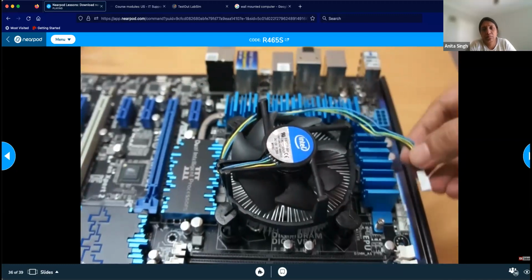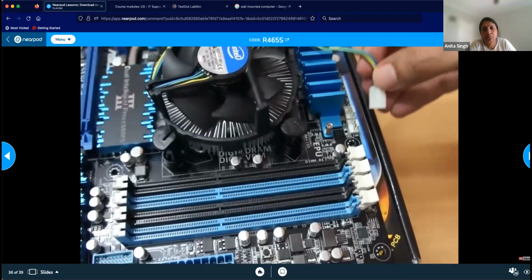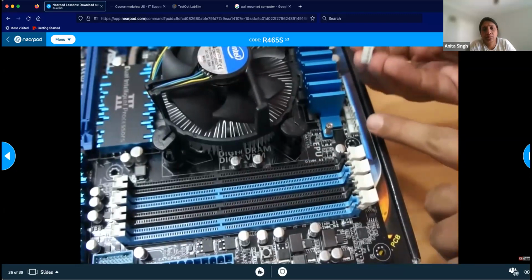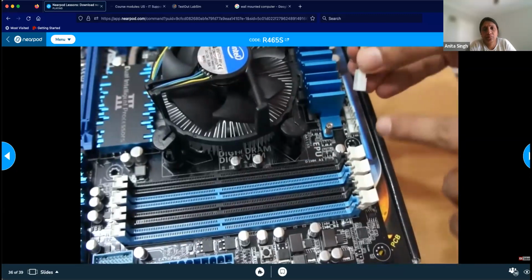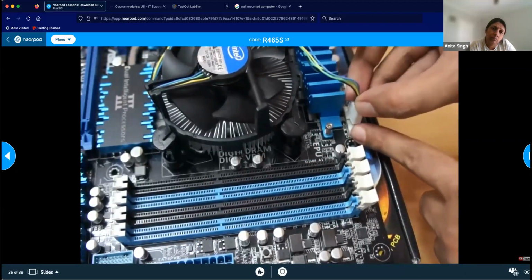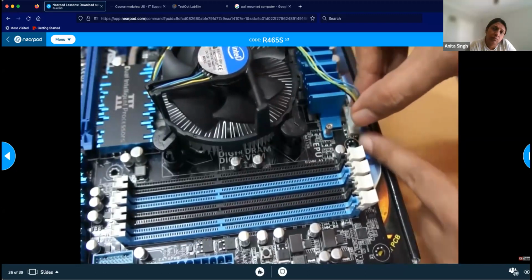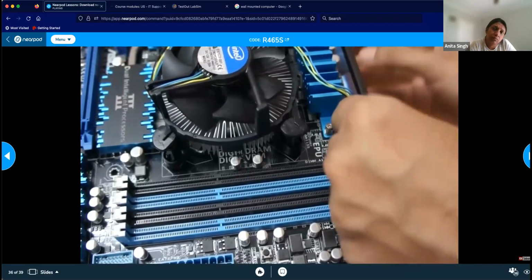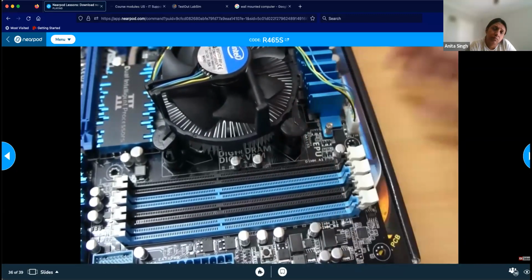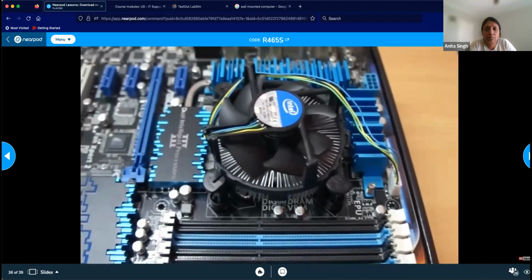And now the last thing that we need to do: your motherboard should have a header like this known as the CPU fan, and you just need to attach the CPU fan, and that's it. That's how you have installed your CPU on your motherboard.